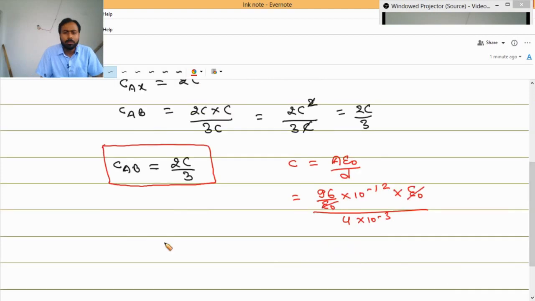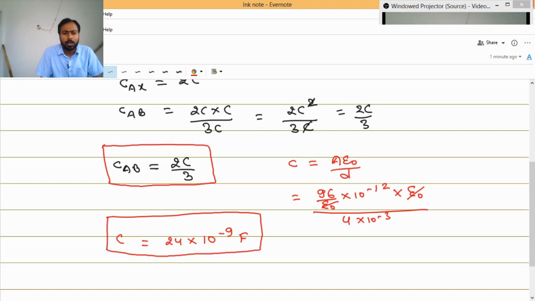Now these two values will be cancelled. So it will be 24 into 10 to the power minus 9, and since this is capacitance, we write farad. So the capacitance will be 24 nanofarad.